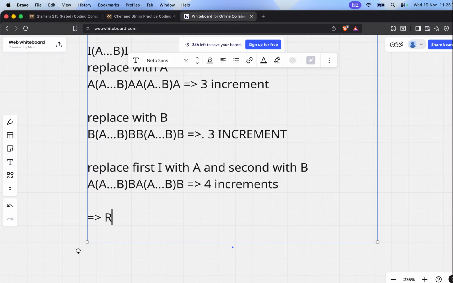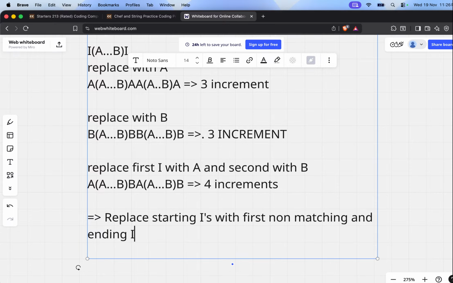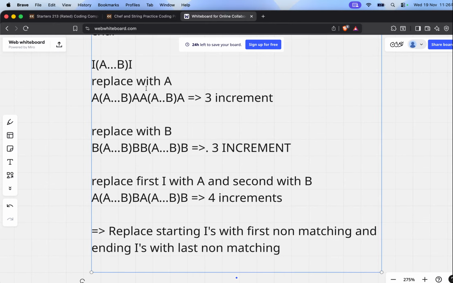Our algorithm says to replace starting I's with the first non-matching character and ending I's with the last non-matching character. All right.